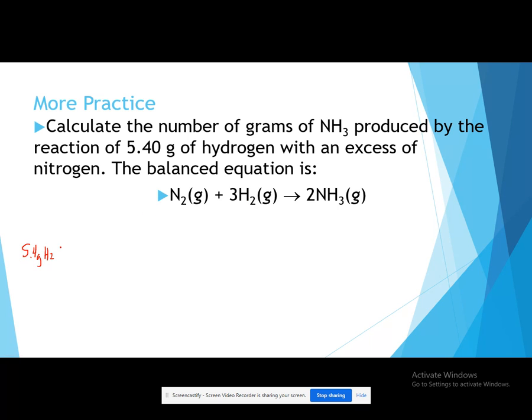In order to cancel grams, I have to put it on the bottom, and I want to get to moles, so I use molar mass. Whenever you use molar mass, 1 is always attached to mole, and then I have to find the molar mass of H2 since there's 2 of them, which is 2.0158. So that cancels out grams of H2.